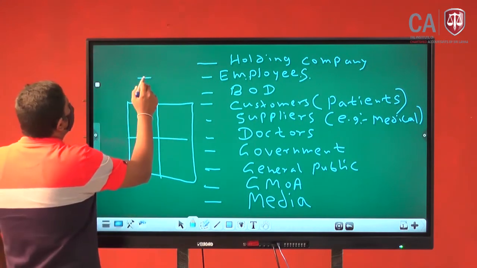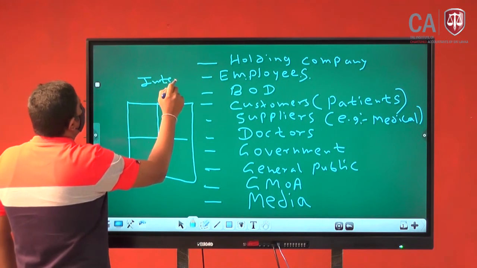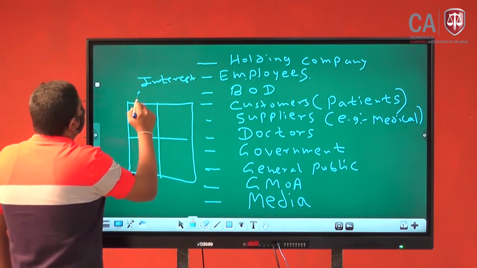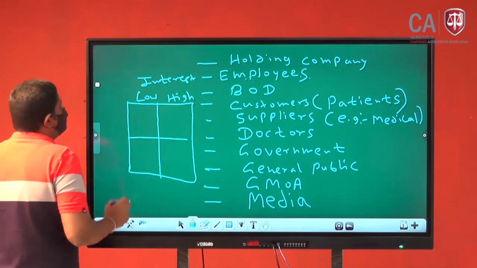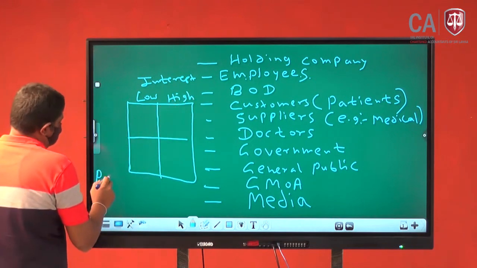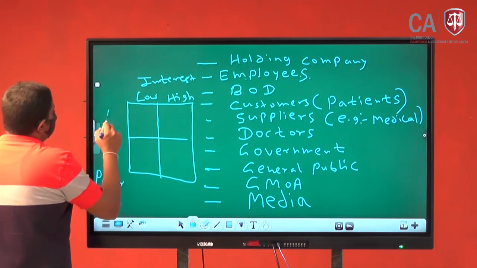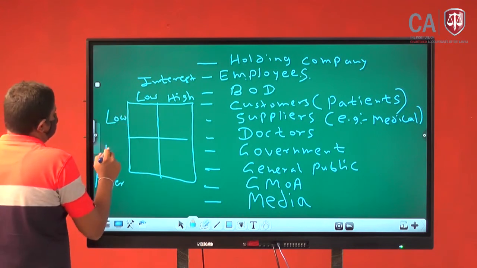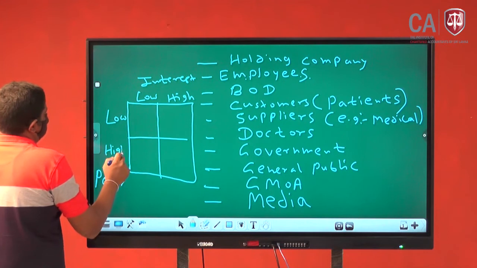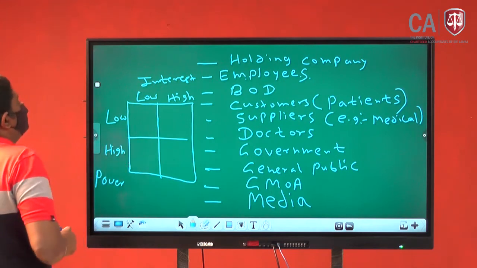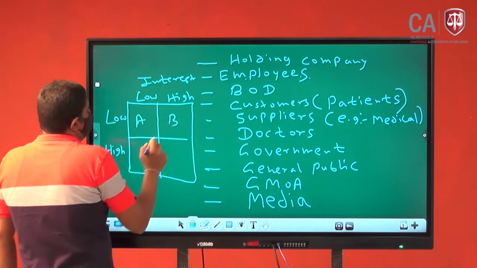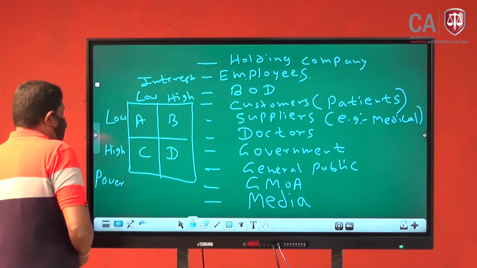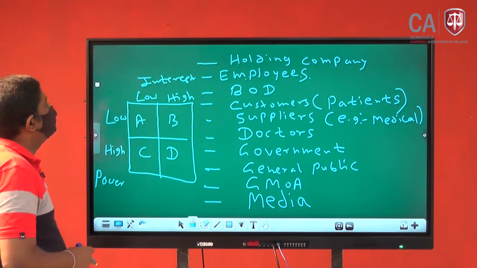Here interest, low, high, then power, low, high. So, put these people into that A, B, C, D group, right.